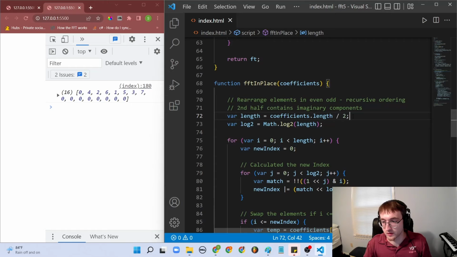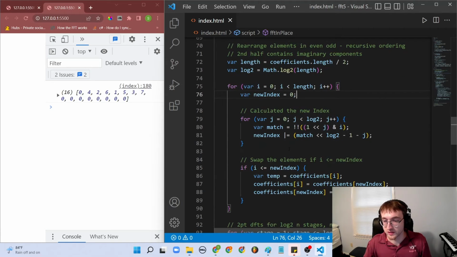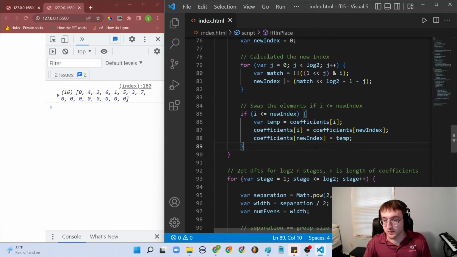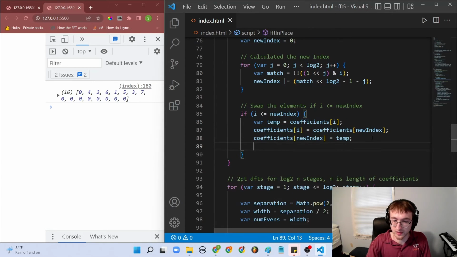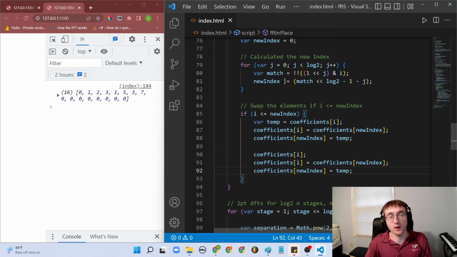Alright, so we have the length over 2 now, and basically when we do this bit swapping, we're going to do the same thing, except we don't need to bit swap for a bigger length, right? We're bit swapping with the same length, which is really half the length now. But it needs to be that half length and not the full length, otherwise it's going to switch the imaginaries and the reals, and it's going to break the whole algorithm. So we're going to keep it with that old length, which is half the length.